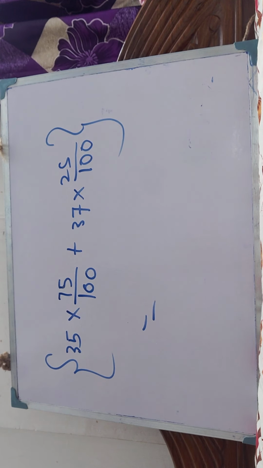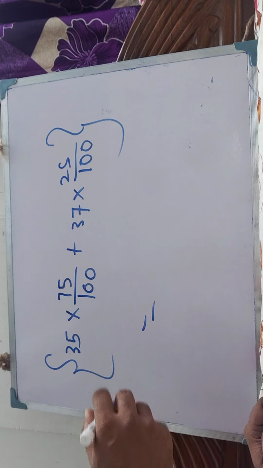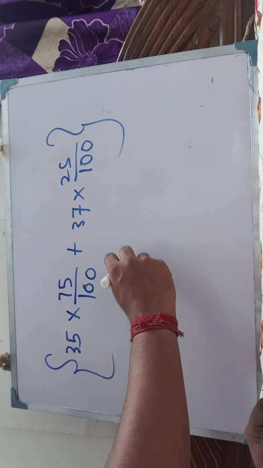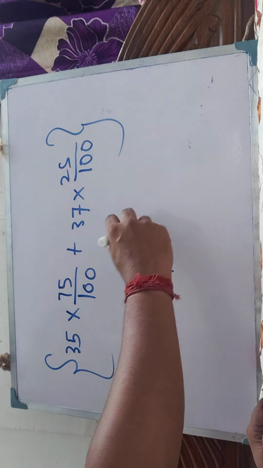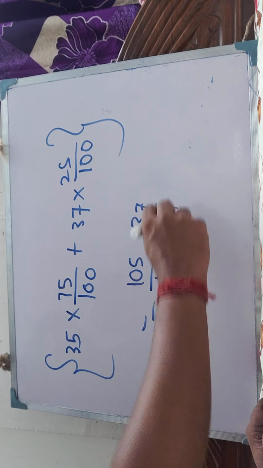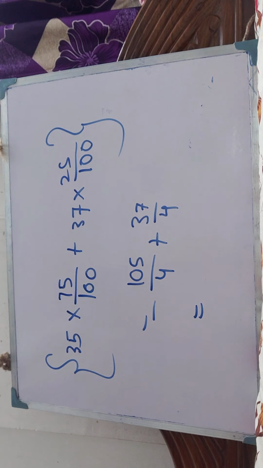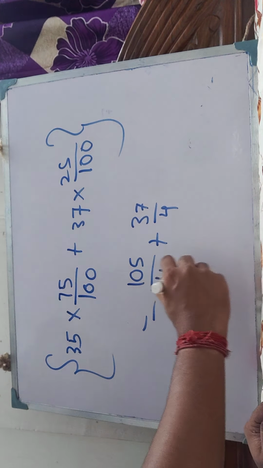Just 35 into 75 by 100, that will be equal to 105 by 4, and this will be equal to 37 by 4. So 37 plus 105, 142 by 4, that will be equal to 35.5.